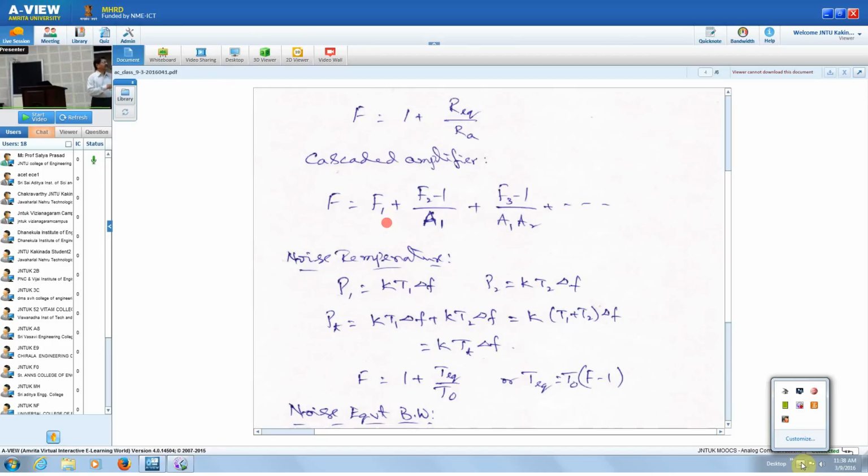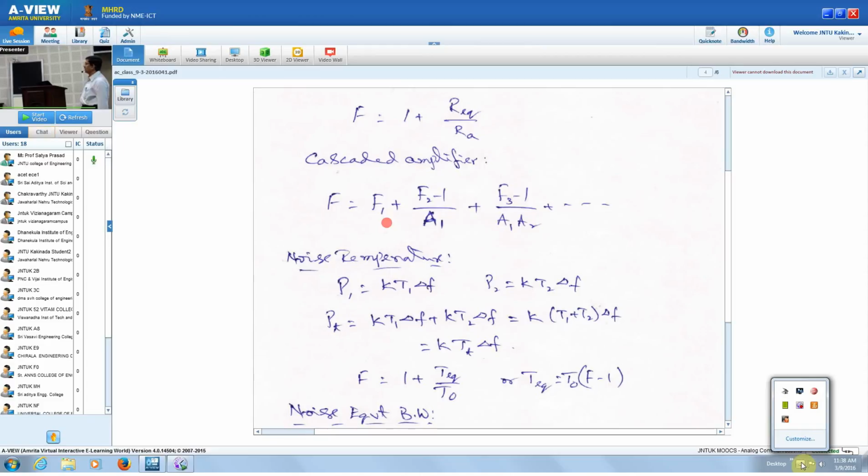Once F1 is very small, the next term is (F2 minus 1) by A1. If A1 is large, the noise added by the next stage is reduced by this factor. This is not F1 plus F2 plus F3; if it were, then whatever the first stage amplifier design, the overall noise would not change. But because F1 is very small, the overall noise F is comparable with F1 only.